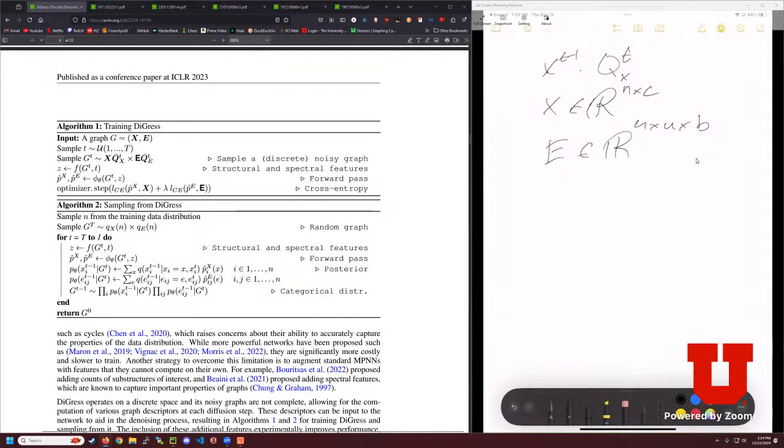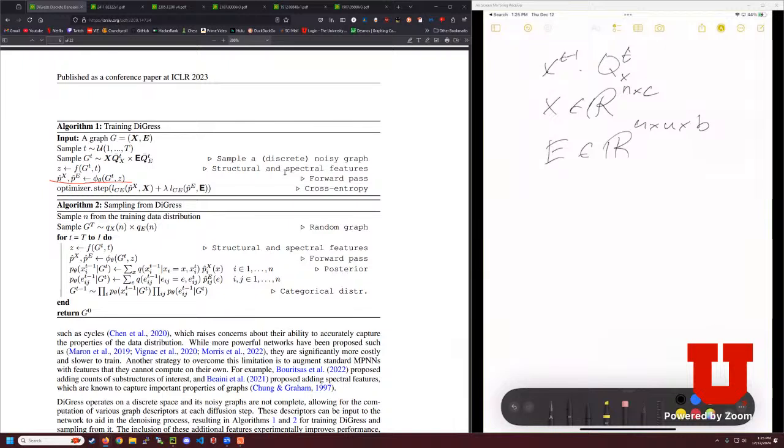I just think the question represents that this should be continuous, and we force them to go to discrete. If you look at this, phi theta of G_t, Z is just multiplying X, Q_X transpose and those kinds of things, right?